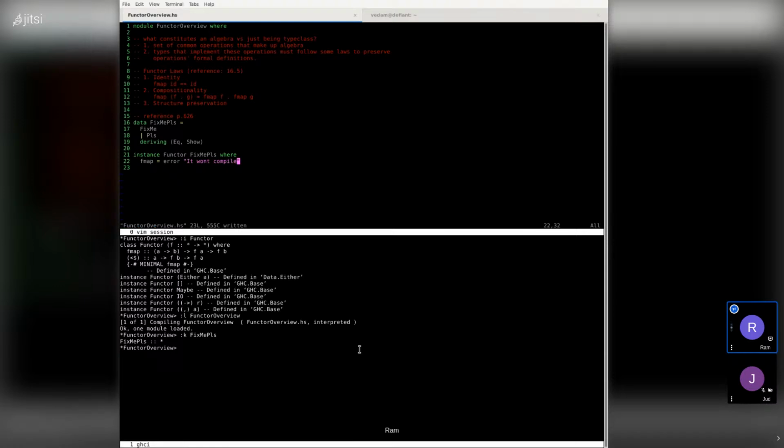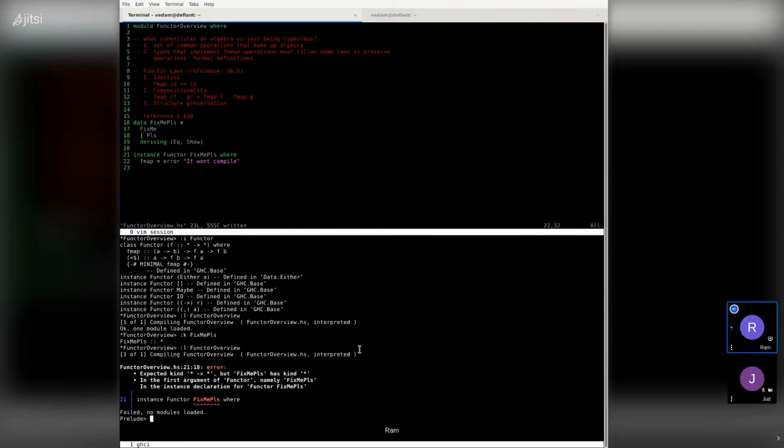If we try and load this into our REPL, you'll see that we'll get the following error. The type checker recognized that we're trying to instantiate a type class which expects the type that we are providing to be a higher kinded type.